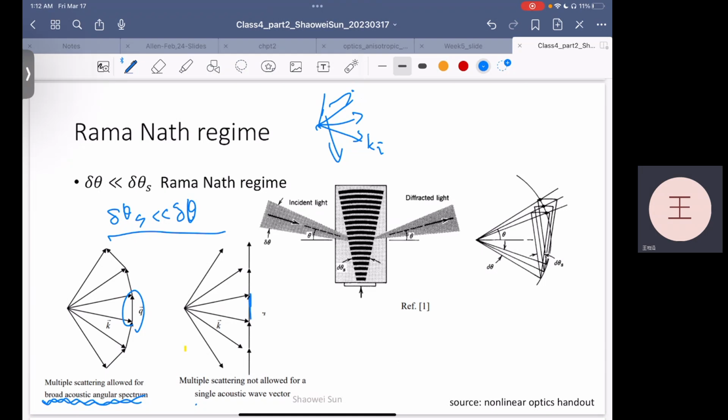So we only have this mode. But if we have the opposite, then the scattering mode is acceptable.